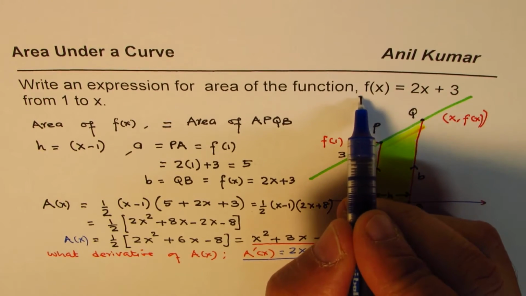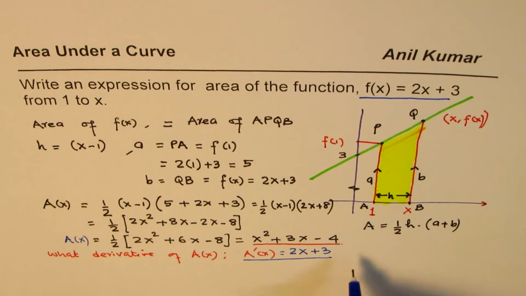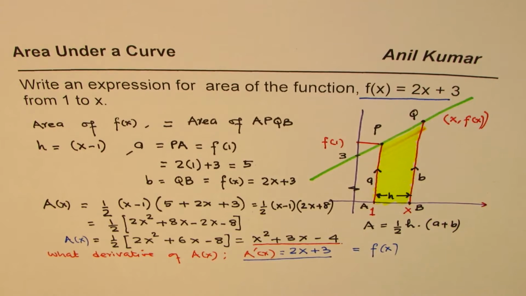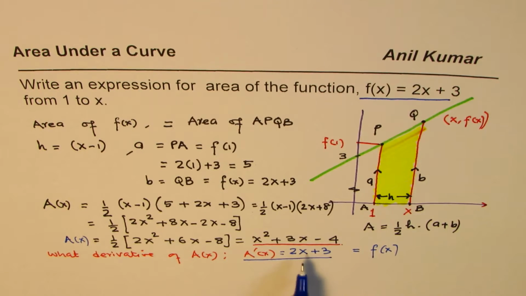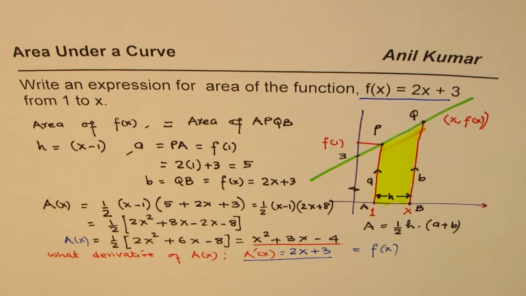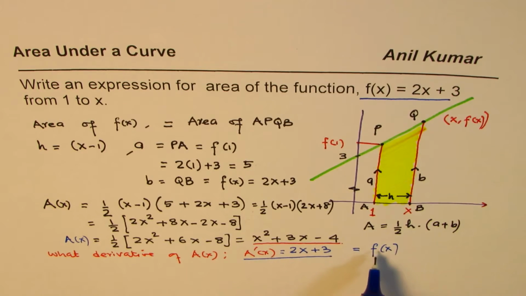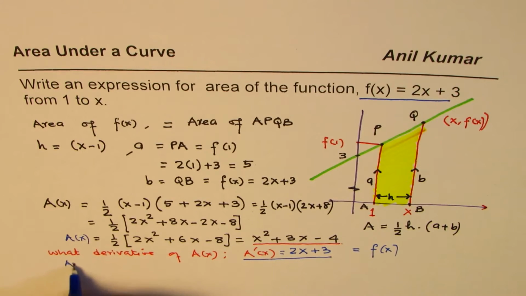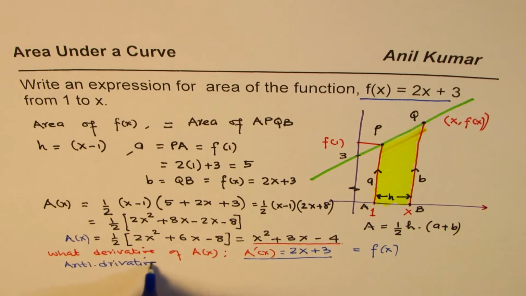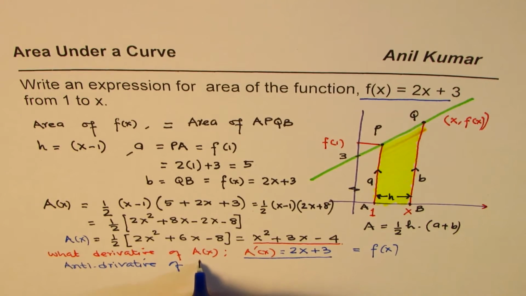Now, do you notice that it is exactly equal to the function? So which is equal to the function itself. So from here, you can say that the antiderivative of the function is the area. Do you see that? So from here, since we found that the derivative of the area is f of x, so we can say antiderivative of function.